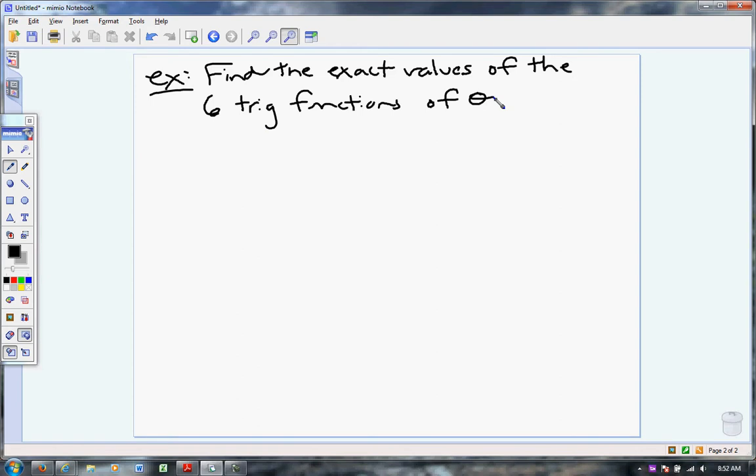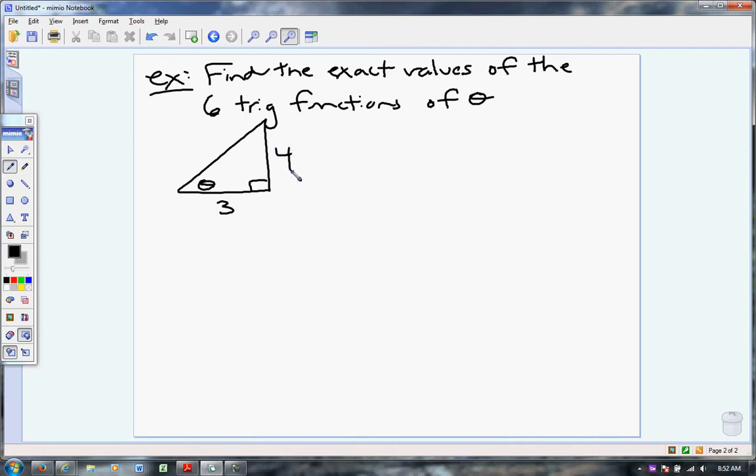This will be very easy for the most part. They're going to give you a right triangle. They're going to give you an angle theta, and they're going to give you a couple of lengths of the sides. Maybe they'll give you 3 and 4, like that.